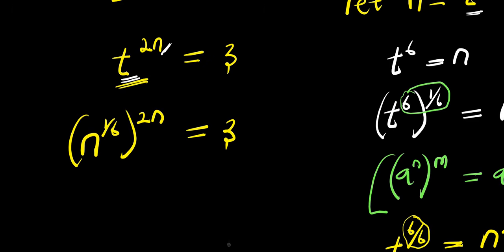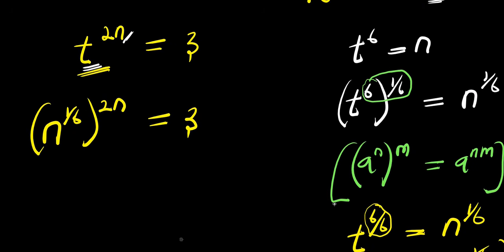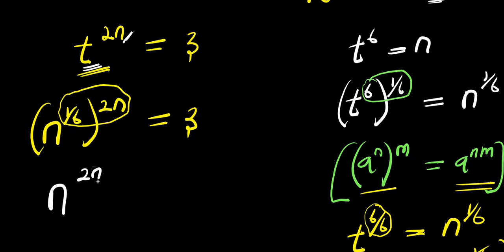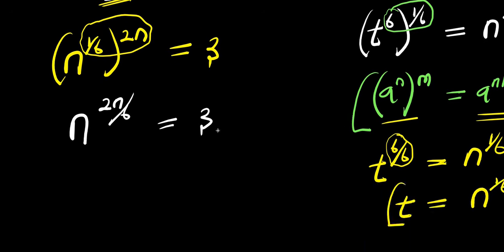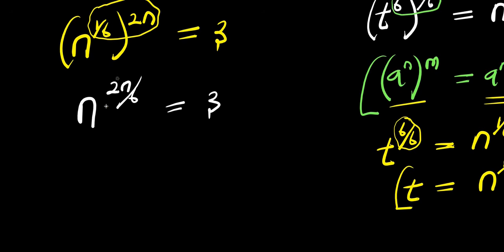From here we apply this identity: if you have a power n raised to the power of m equals a power n times m. We are simply going to have n power 2n times 1 over 6. This is 2n divided by 6 equals 3. So from here, this cancels this. We have 3 here, so we have n power n over 3 equals 3.